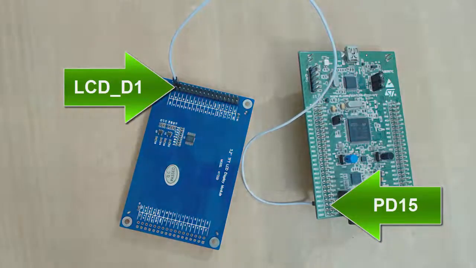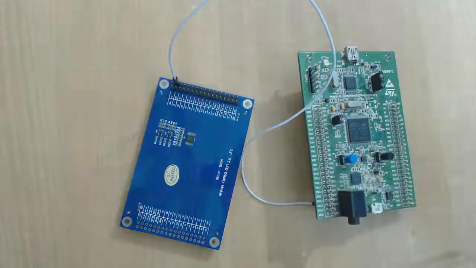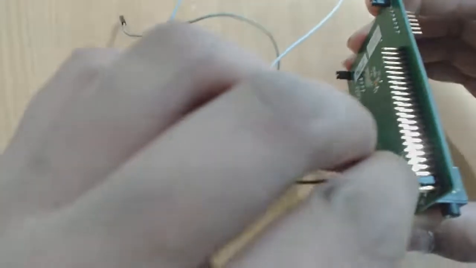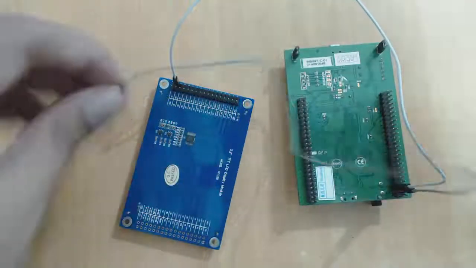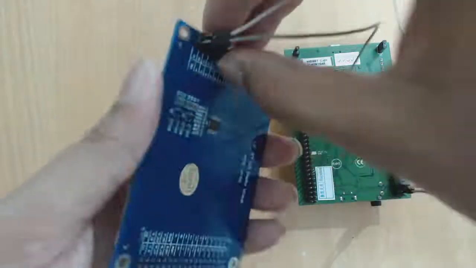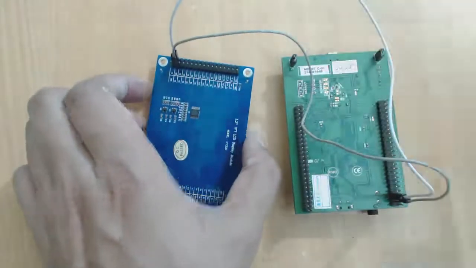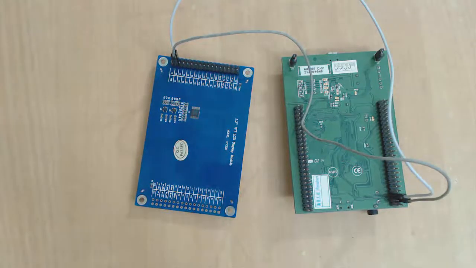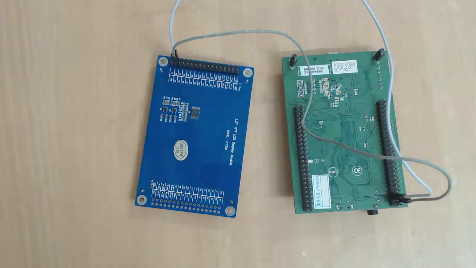Okay, now let's connect the PD15 pin from Discovery board to LCD D1 pin. And similarly I will connect all the wires one by one, as a lot of wires need to be connected and it's going to take some time. So I will pause the video here, and resume it when all the wires are connected.